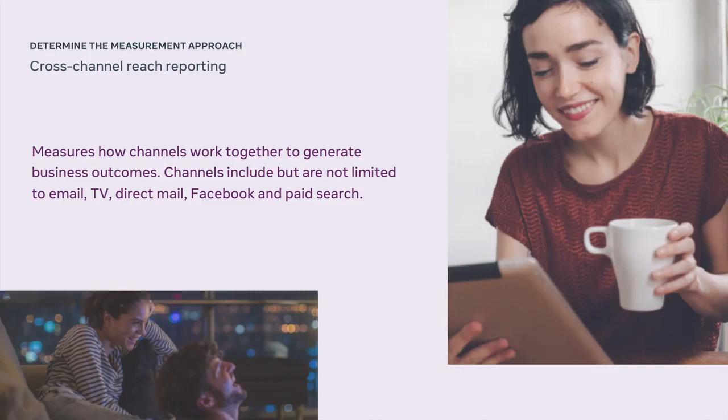There are some limitations to cross-channel reach reporting. First, metrics can often vary by channel. Additionally, not all channels share reach data, so it can be difficult to get accurate results. Lastly, reach reporting doesn't necessarily correlate with brand or conversion business outcomes.